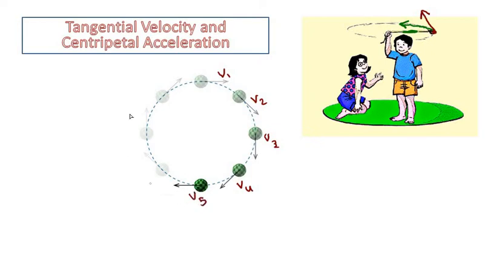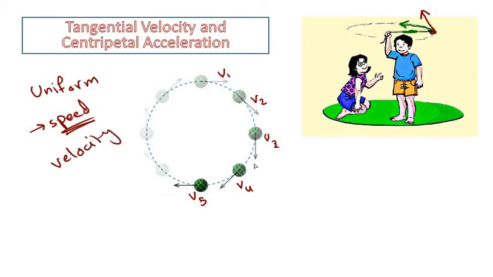For a uniform circular motion, the speed of the object stays the same. And remember the difference between speed and velocity. The speed is the magnitude of the velocity. The velocity is the speed with a given direction. So the speed is the same for uniform circular motion, but the velocity changes because the direction is changing continuously.